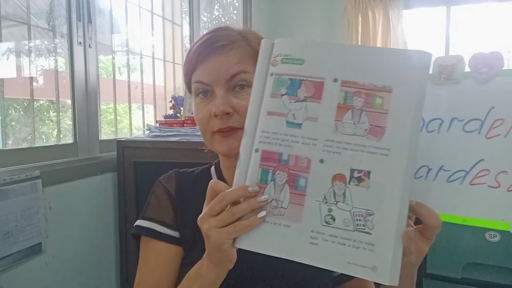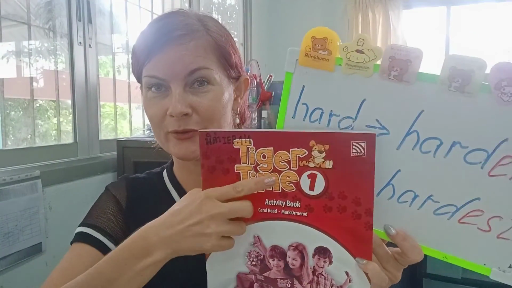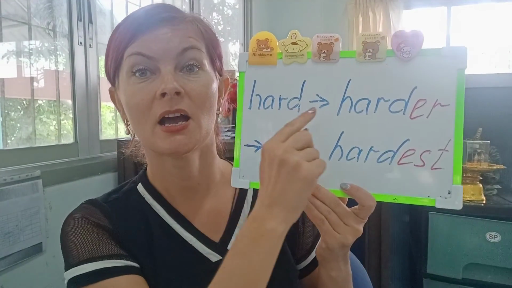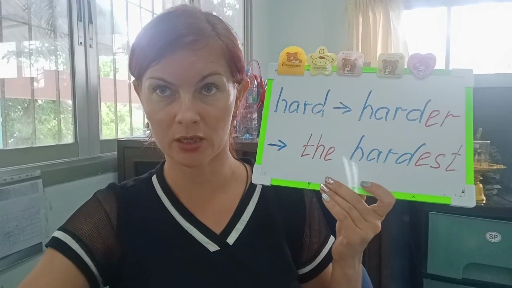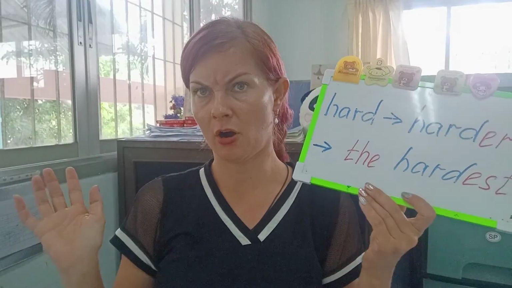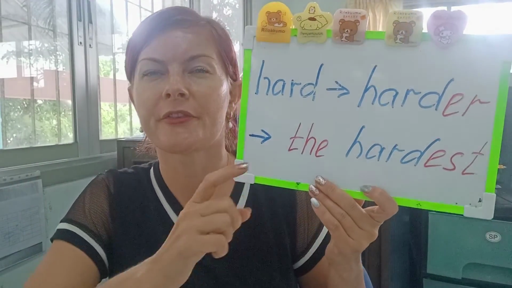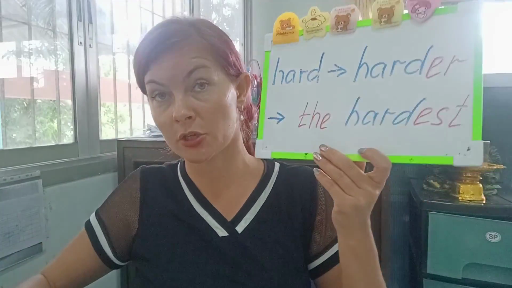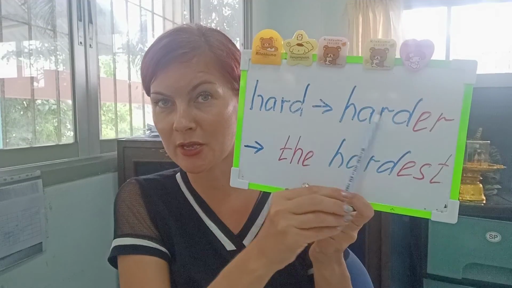So, for example, this book is harder than this book, because this is for grade 1, and you can say this book is harder than that one. But then you can take a very hard book and you can say the hardest. The hardest.